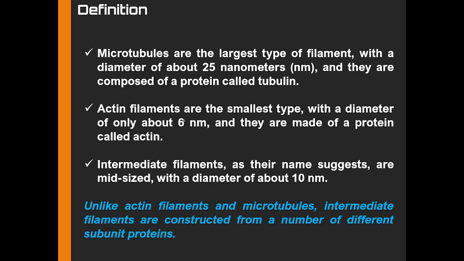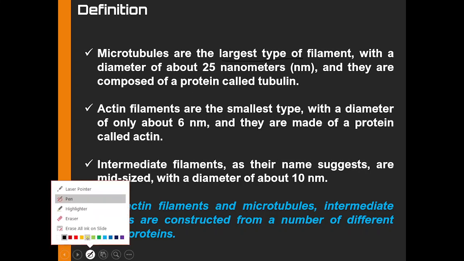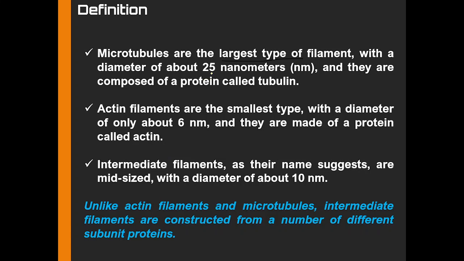Now let's see the definitions of these. The microtubules, as I mentioned earlier, are the largest type of filaments, with an external diameter of 25 nanometers. They are mostly tubular in structure.